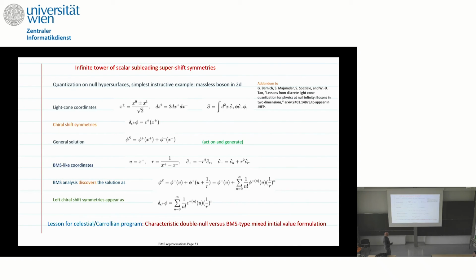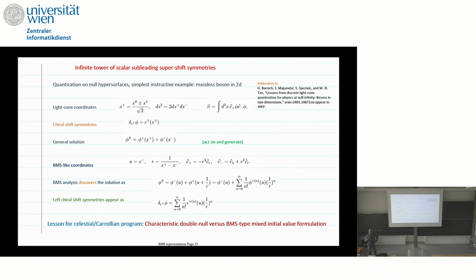If you do the BMS analysis, you would discover layer by layer in 1 over r this part of the right movers. Okay? So that's one way to see things. But then it also turns out that this left chiral shift symmetry, which is kind of important, you would discover as an infinite tower of subleading supershift symmetries.